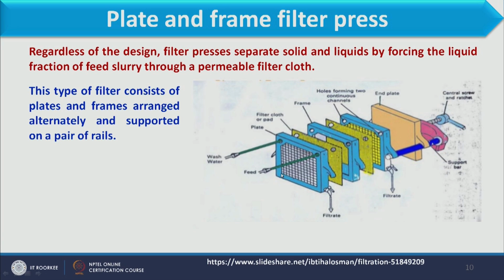Now, the inner section of the plate is grooved, it is not a flat plate but has grooves and some non-uniformity on the surface. As the frame is empty, in this figure we have plate 1 and plate 2 and in between we have the frame.